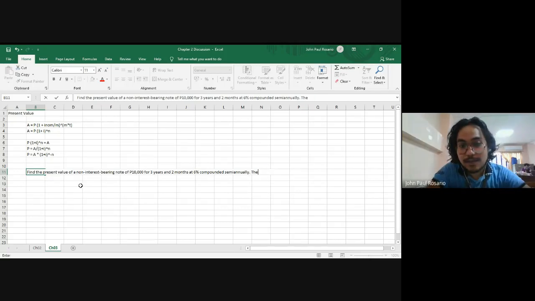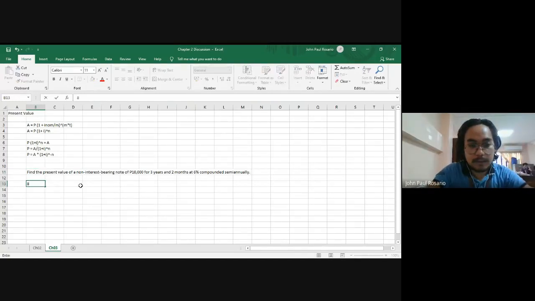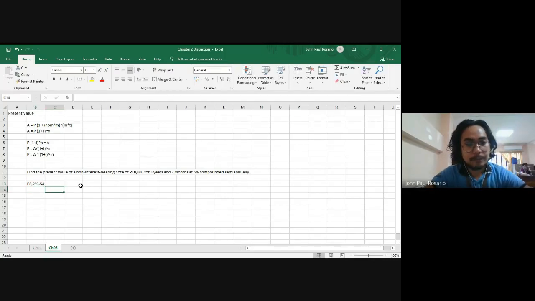Okay, sige. So, the answer of Balyada is 8,293.54. Ang iyahang first na gibuhat is the principal, which is 10,000. And then we simply have to compute for the present value of the whole periods.